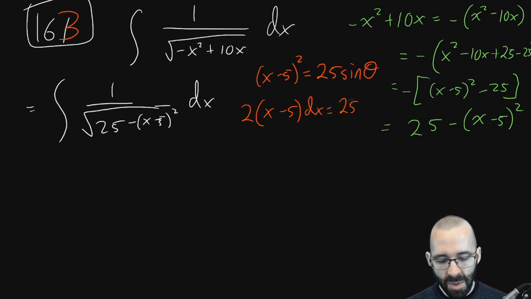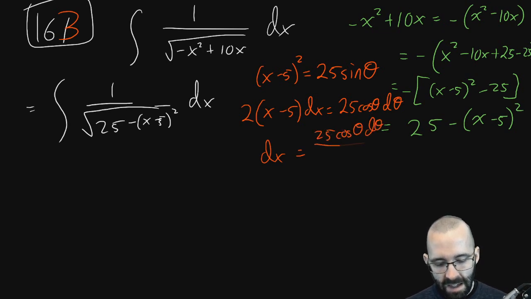The right-hand side is 25 cosine of theta d theta. Still not seeing how this is going to be nice. So dx is going to be 25 cosine of theta d theta over 2 times x minus 5.